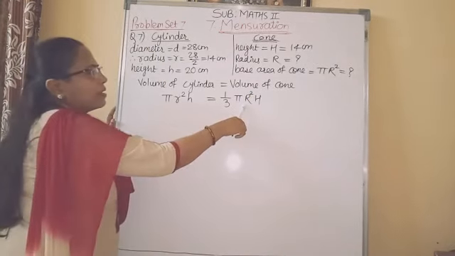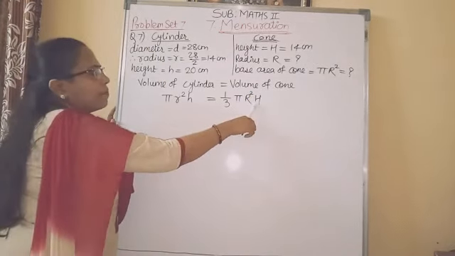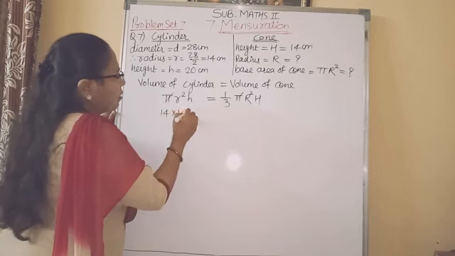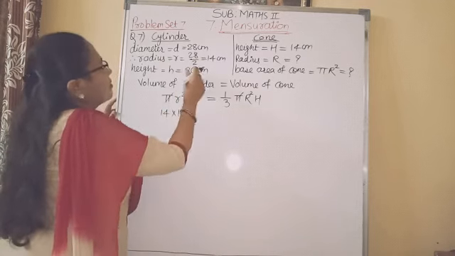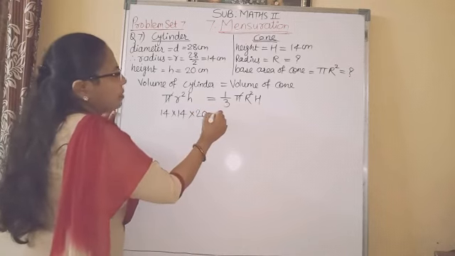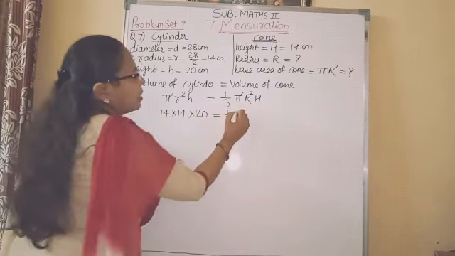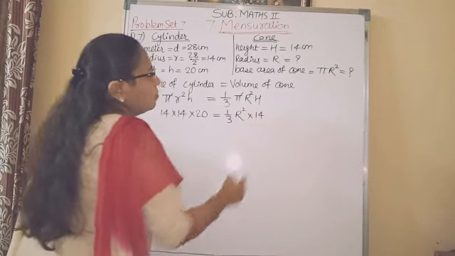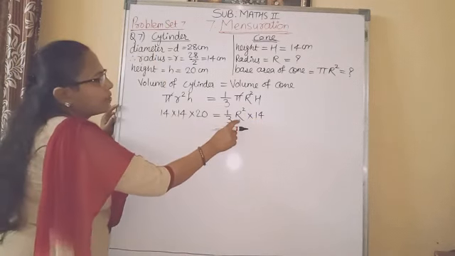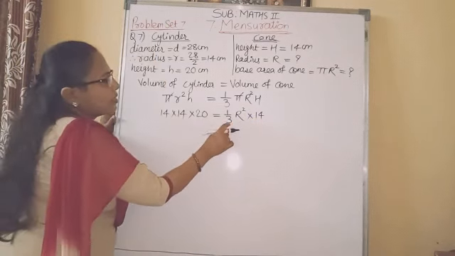Capital R and capital H we assume here. Now on both the sides this pi value gets cancelled. Substitute values. Radius of cylinder is given, 14 centimeter. So 14 into 14, and height is given, 20, into 20, equal to 1/3. Radius we don't know and height is given 14, so into 14. Now to find this radius, take this 3 and 14 on the left hand side.